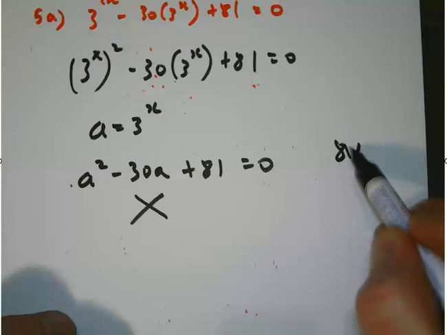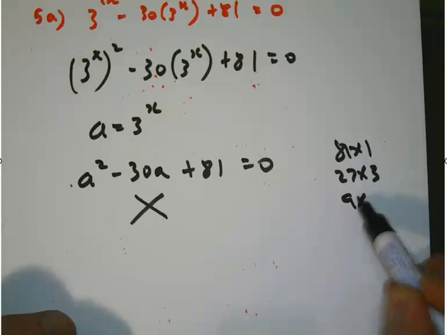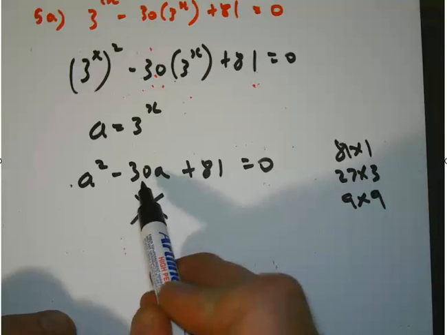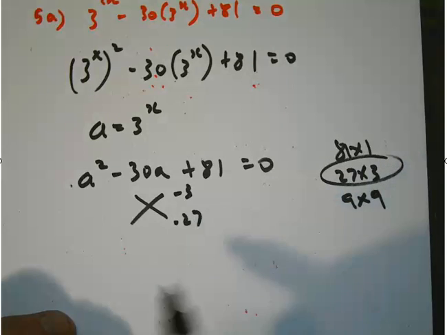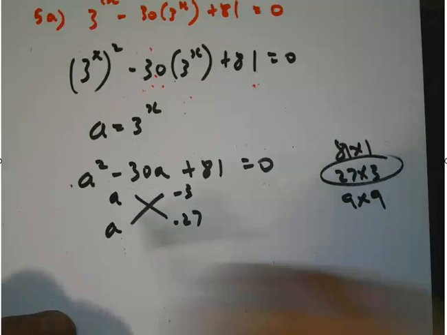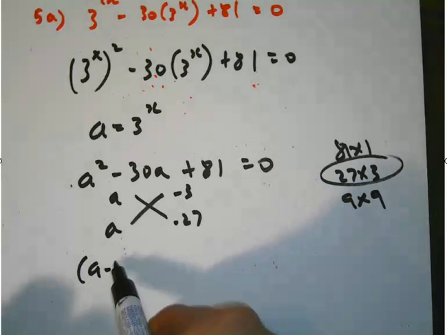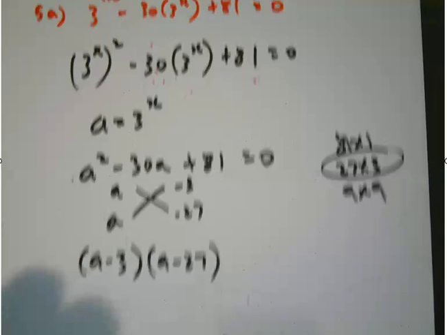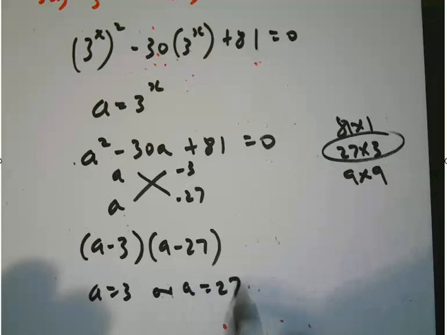81 times 1, 27 times 3, 9 times 9, and the combination that is going to give me negative 30 will be minus 3 and minus 27, and a. Therefore, (a minus 3)(a minus 27), therefore a equals 3 or a equals 27.